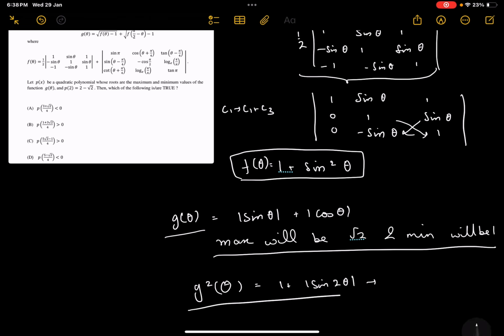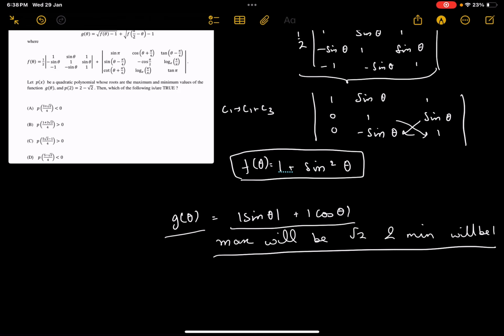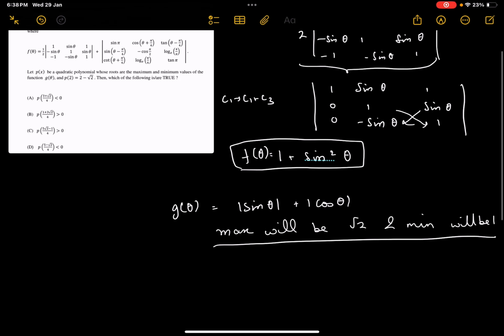So I squared this to find the max and min value of this term g theta.